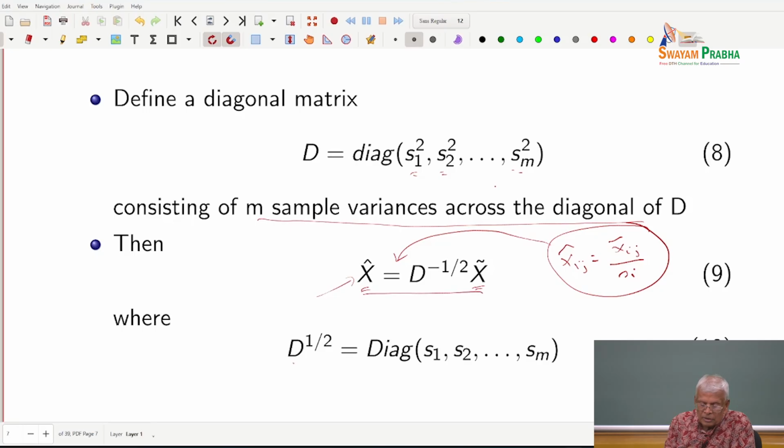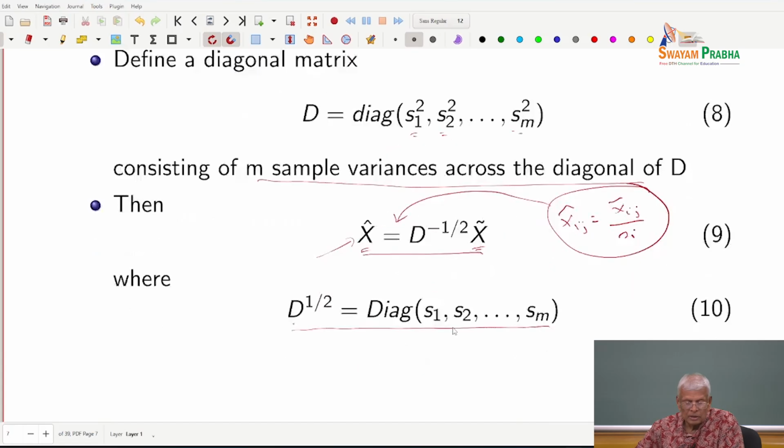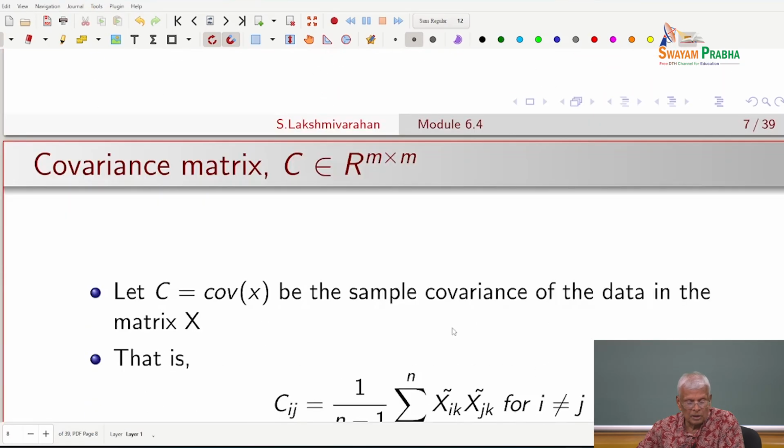This is the ultimate form of data. So I converted x to x tilde to x hat. It is this x hat I am going to put into my algorithm. The further analysis depends on x hat, not on x tilde. Here d to the power of minus half is given by the diagonal matrix consisting of all the standard deviations, the computed standard deviations.